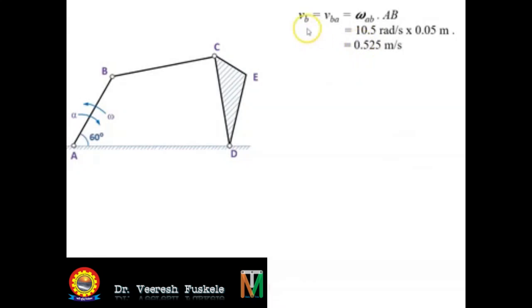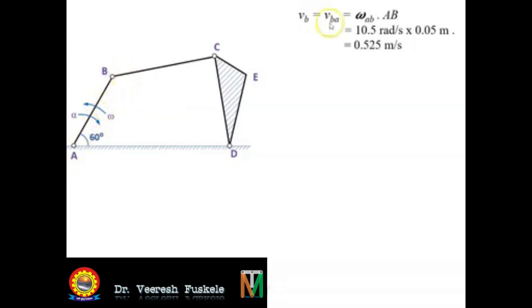We first calculate the linear or tangential velocity of the link AB. This VB or VBA, the velocity of B relative to A, since this point A is fixed, will also be the absolute velocity of B.